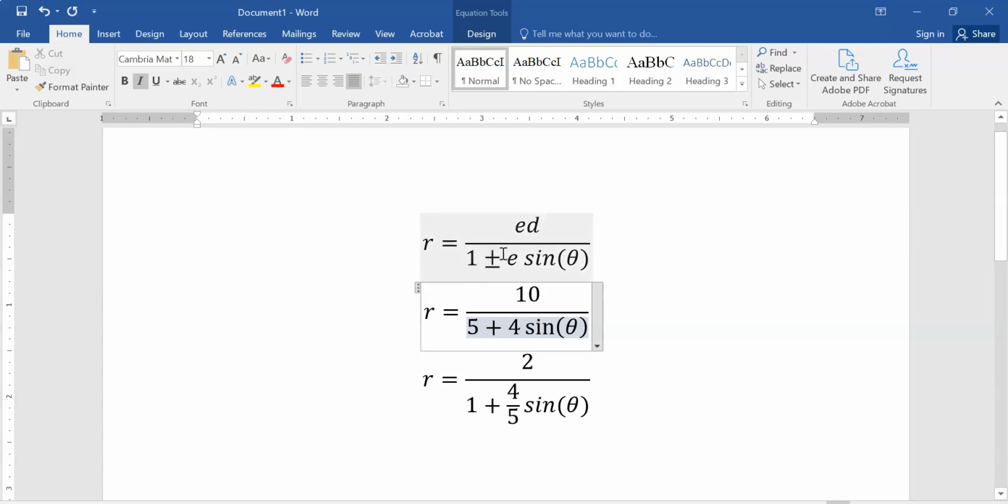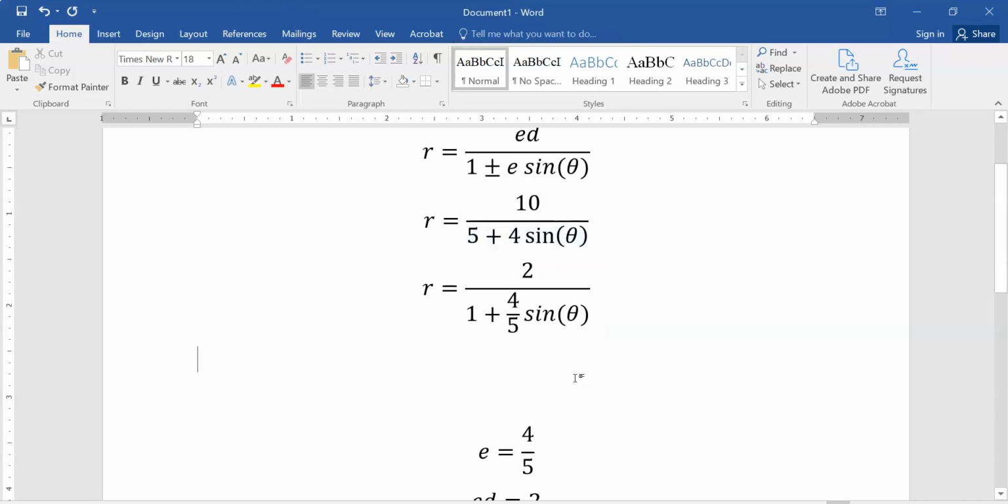So 1 plus E sine theta, we need a 1 here, so that means we need to multiply top and bottom of the equation by 1/5. If I multiply 10 by a fifth, I get 2. If I multiply 5 by a fifth, I get 1. If I multiply 4 by a fifth, I get 4/5. So this is the same equation as 2 over 1 plus 4/5 times sine theta.